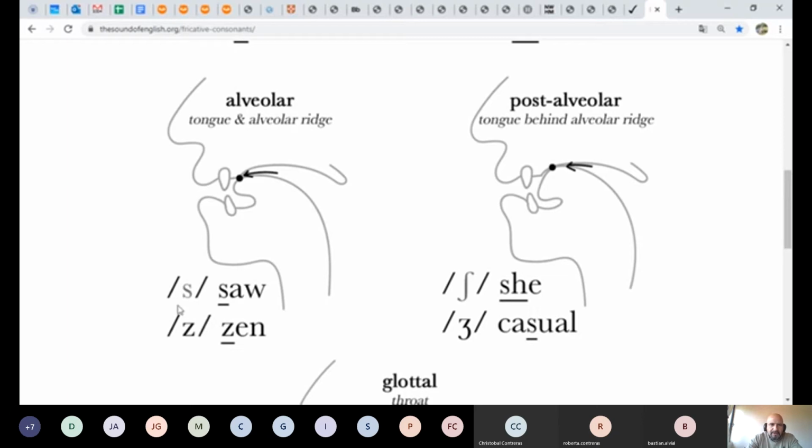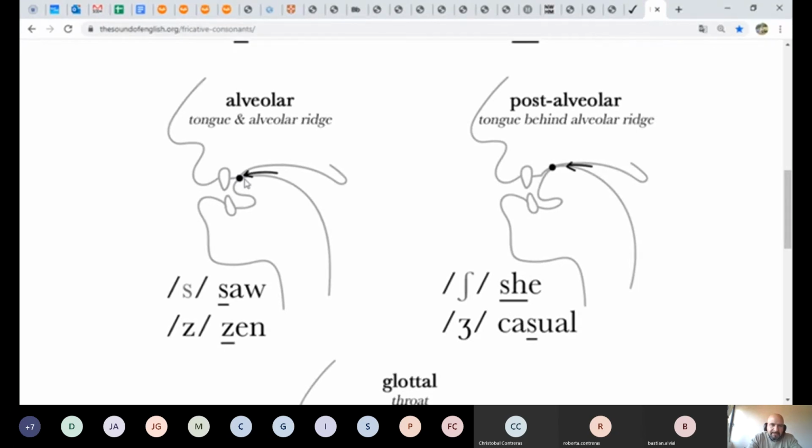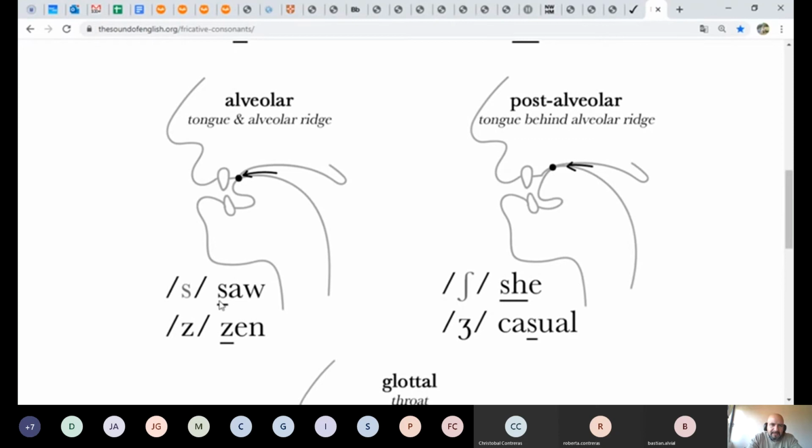These two sounds are alveolar because the tip of the tongue touches the alveolar ridge, which is the place behind the upper teeth, right? Behind the upper teeth, we have the alveolar ridge, which is right in this area. So, s and zen. Then we place the tongue in the same position, and we can practice going back and forth with these two sounds.